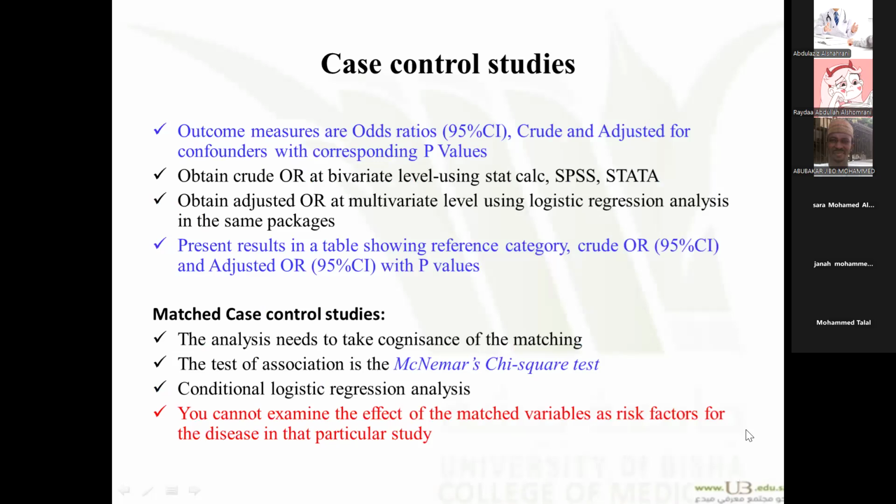So if it's a matched case control, the appropriate test of statistics is McNemar chi-square. Once you use the McNemar chi-square, depending on the level of significance set, you should be able to analyze that particular aspect very well. Now, you cannot examine the effect of the match variable as a risk factor for a disease in this matched case control.